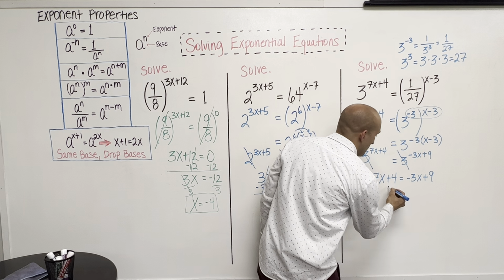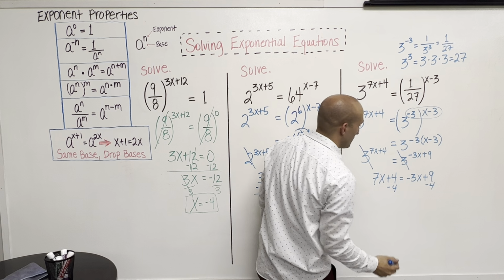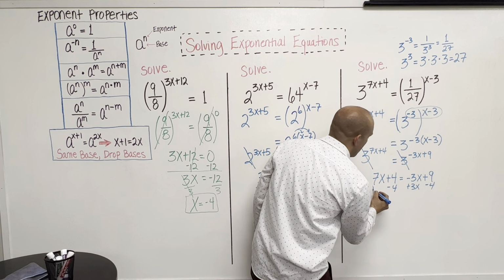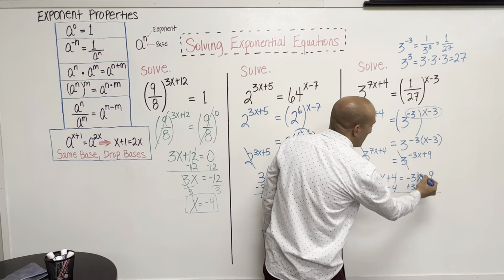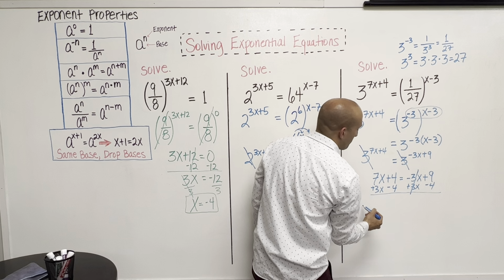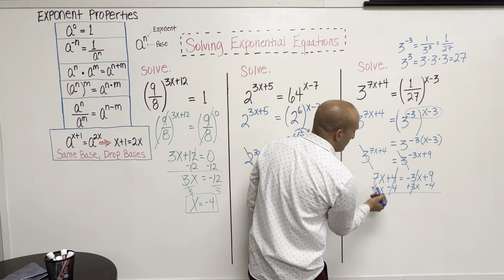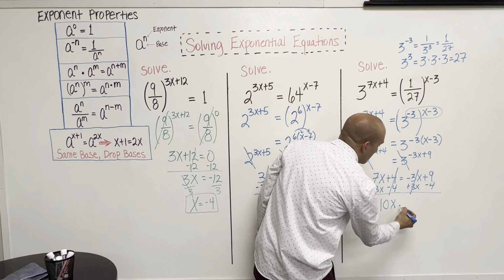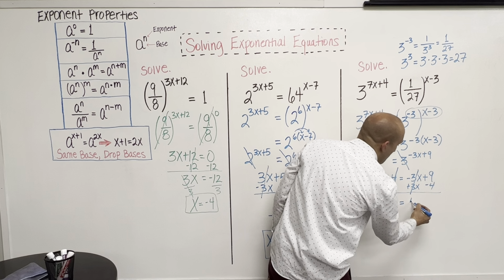Let's solve. Minus 4, these are like terms. Then I'm going to add 3x and add 3x. Negative 3x plus 3x is 0. 4 minus 4 is 0. I'm left with 7x plus 3x is 10x equals 9 minus 4 is 5.